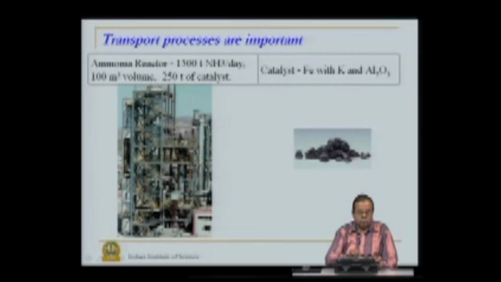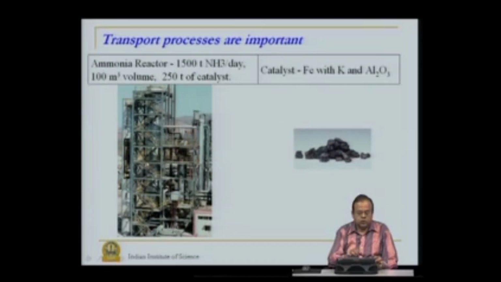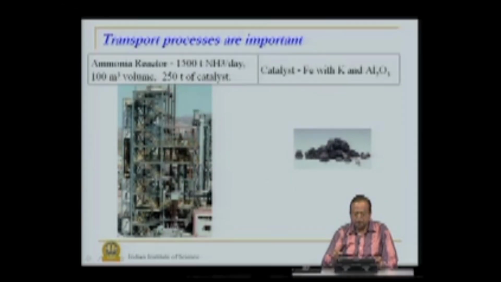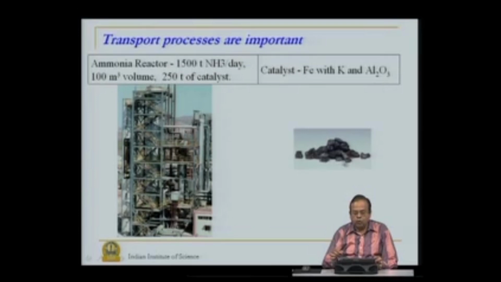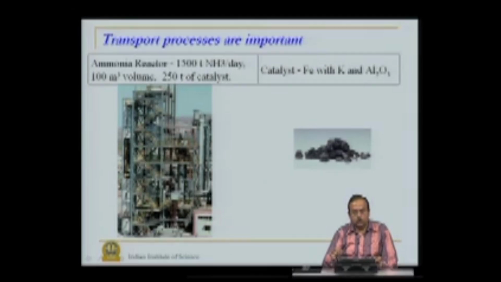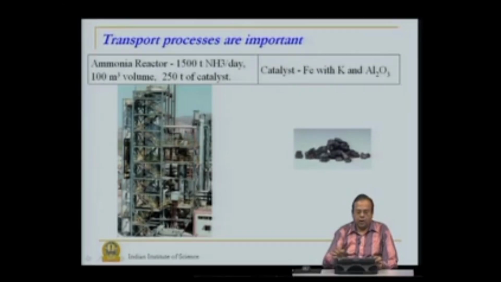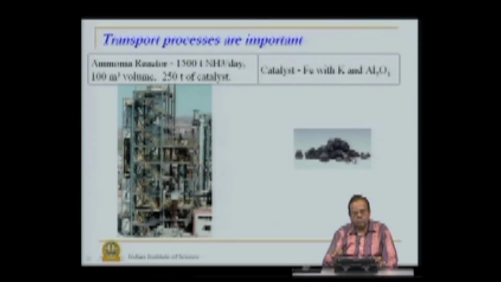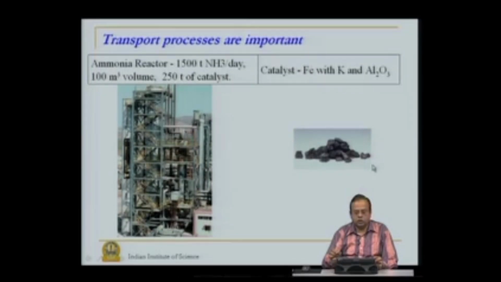So, you can imagine the length scales here in terms of meters, but the actual conversion of nitrogen and hydrogen to ammonia is brought about by this catalyst, namely iron with potassium and alumina, which is in the form of pellets of a few millimeters. So, on one side you have a process occurring at meter scale length by a catalyst which is in few millimeters, but its outer size is few meters. Actually where the reaction is taking place is in micron sizes and so on.